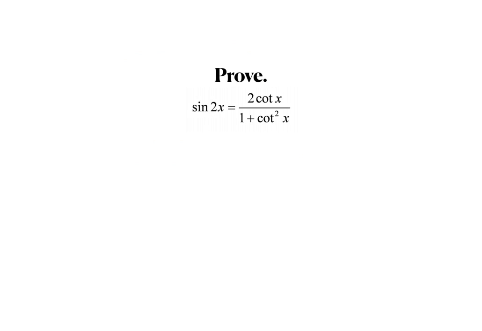Next, I'm going to prove this identity. Our general rule of thumb is that we start on the more complex side, so I'm going to do that. The key here is that we are aiming to rewrite the right side to be sine of 2x. So it's helpful to keep in mind what that identity is for sine of 2x. I know sine of 2x is 2 sine of x cosine of x.